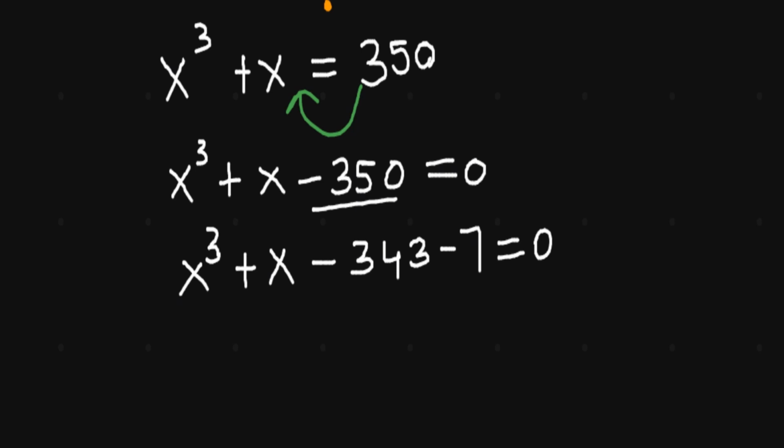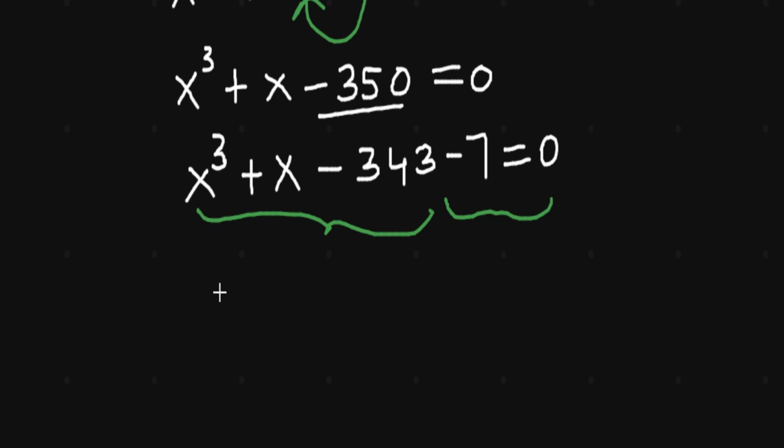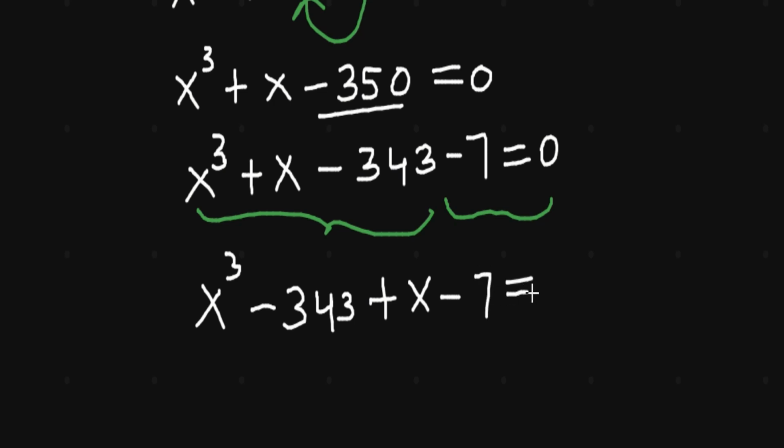We are rearranging this equation, so we can write this as x cube minus 343 plus x minus 7 is equals to 0 here.